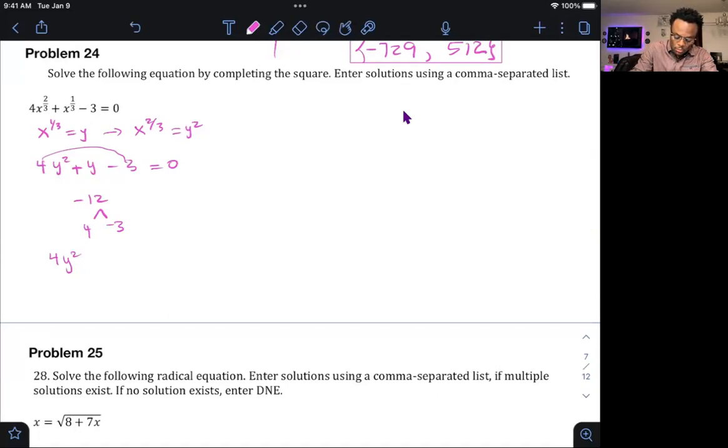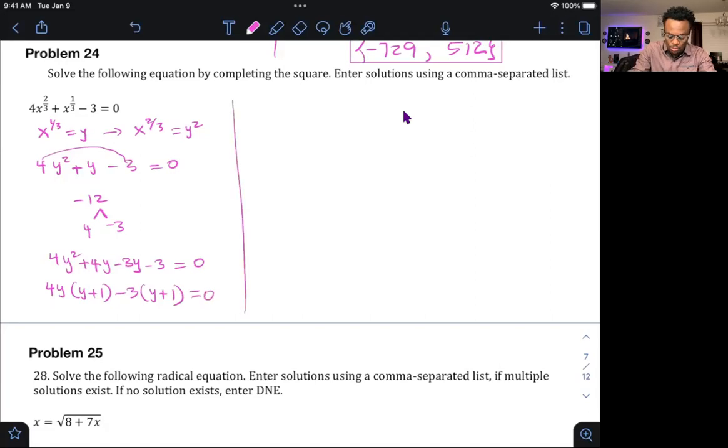So that is 4y squared plus 4y minus 3y minus 3 equals 0. By grouping, the GCF of the first group is 4y, so that's 4y times y plus 1. And then the GCF of the second group is negative 3, so negative 3 times y plus 1 equals 0. We can refactor this as y plus 1 times 4y minus 3 equals 0.